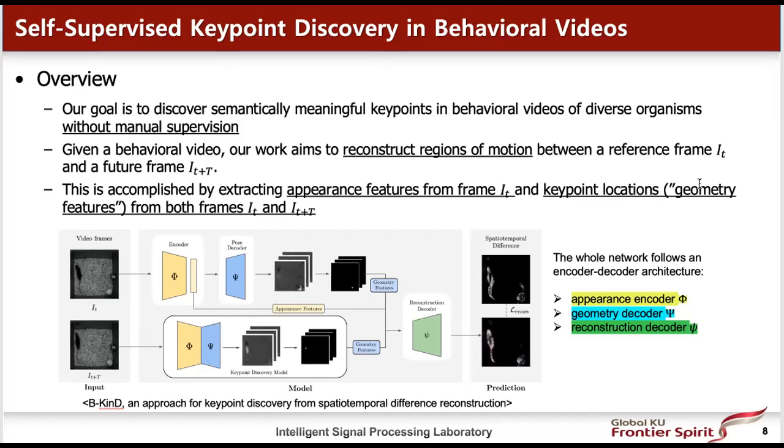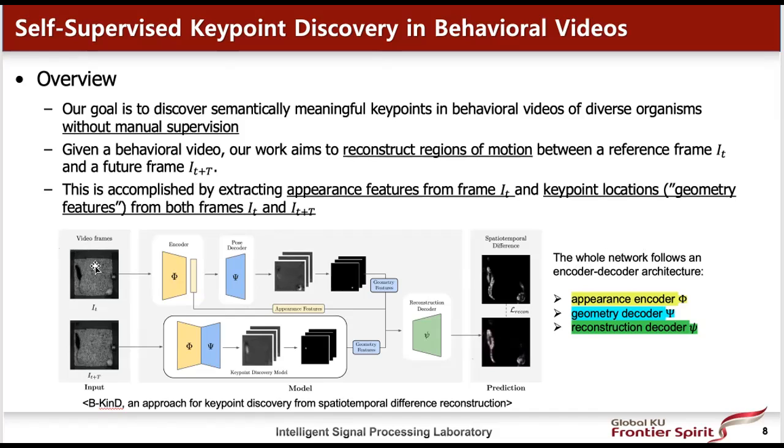We also call it the geometry features from both the reference frame and the future frame. And we can see here is the overall structure of the proposed method. And the whole network follows an encoder-decoder architecture. We can see there are two inputs for this network.